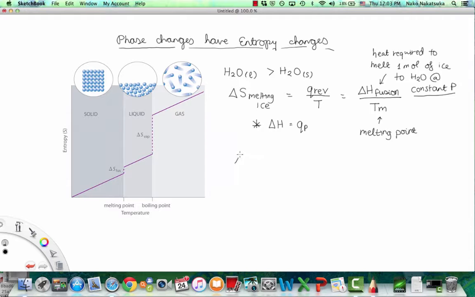So another thing we can look at is the delta S of boiling. So now we're going from a liquid to a gas, right? And so now we can write this out as Q rev over T, but then instead of the reversible heat, call this delta H of vaporization, or VAP, and over TB, which is representative of the boiling point.